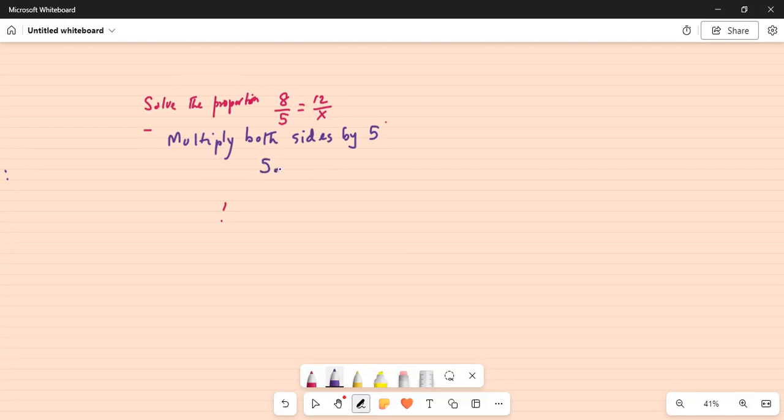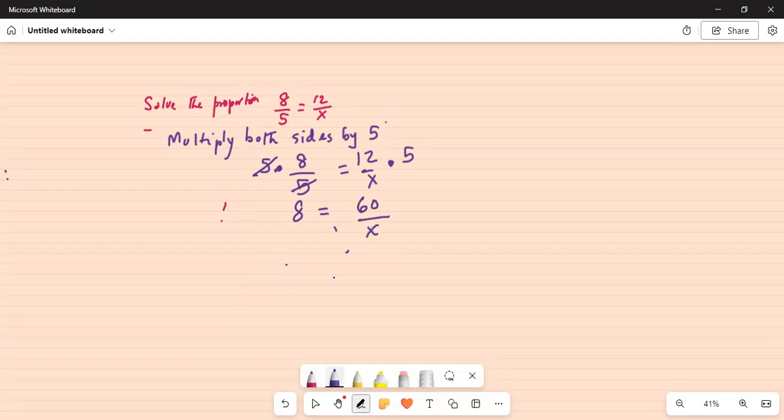If I multiply by 5 on the left-hand side as well as on the right-hand side, what will happen? The 5 on the denominator on the left-hand side will cancel with 5 on the numerator on the left-hand side. So on the left-hand side, I will be left with 8, is equal to 12 times 5. 5 times 12 is 60 over x.